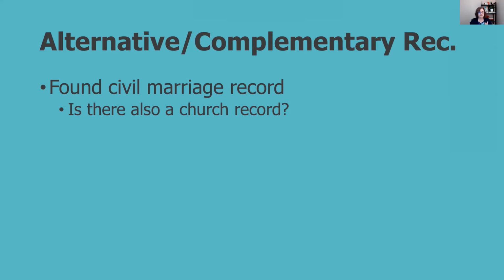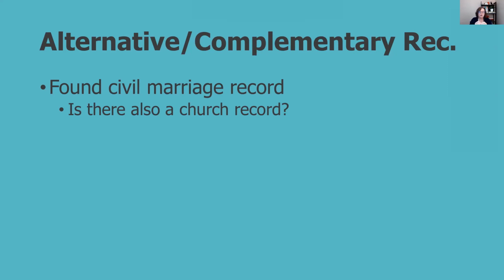If we found a birth record, well, were those ancestors affiliated with a church? And did that church practice infant baptism? If that's the case, is there a baptism record that we could look at? Who were the godparents? Who were the sponsors? We might be able to tie into other family members that way.